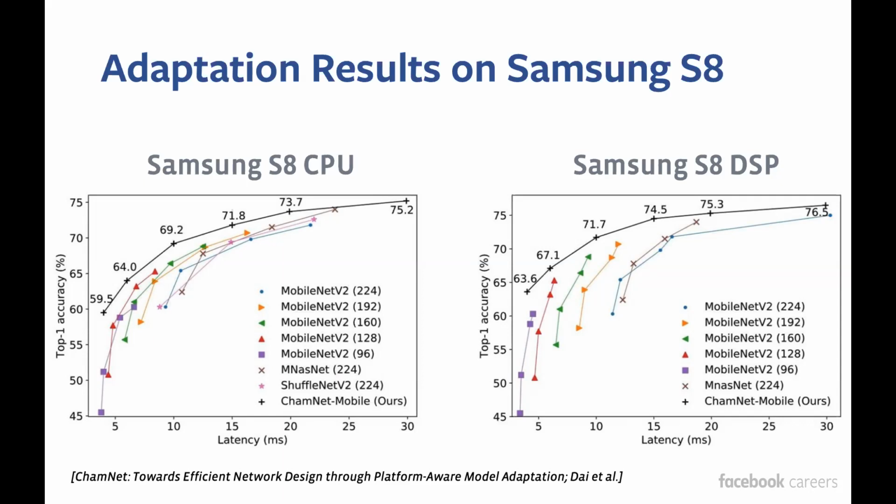You can see that, for example, under the same latency constraint at 30 milliseconds, it gains about 1.3% accuracy improvement. At the lower end, at 4 milliseconds, it gets almost a 4% improvement.